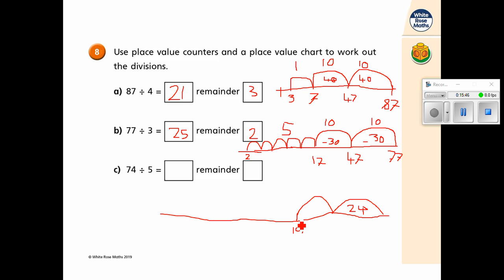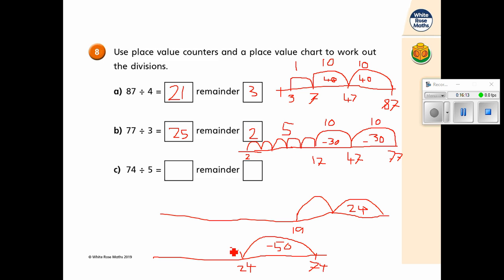Oops, sorry, I'm going to have to start this again because this looks wrong. So let's just draw another line out here. Right, here we go. So 74. If we take away 50, then we get down to 24. Okay, I was right, but it just didn't look right on the diagram.